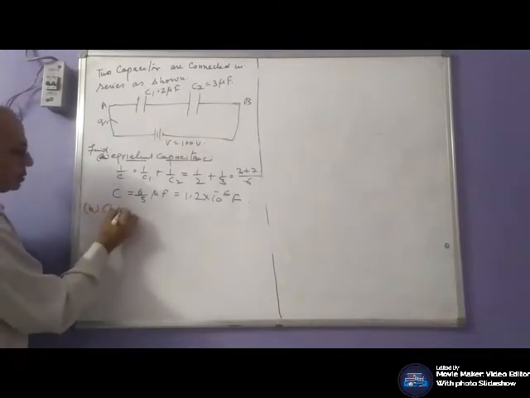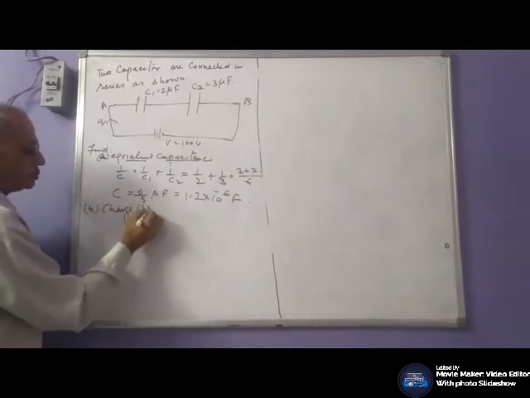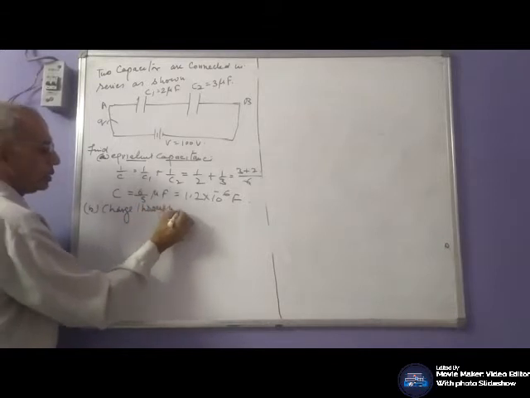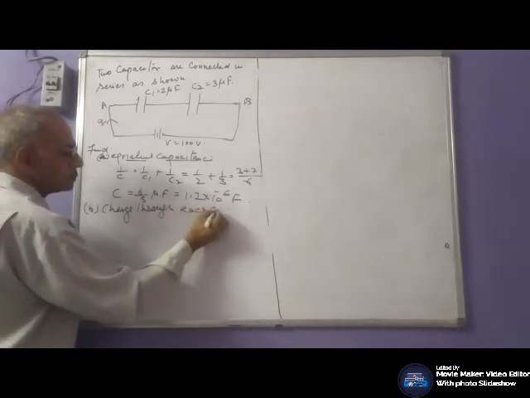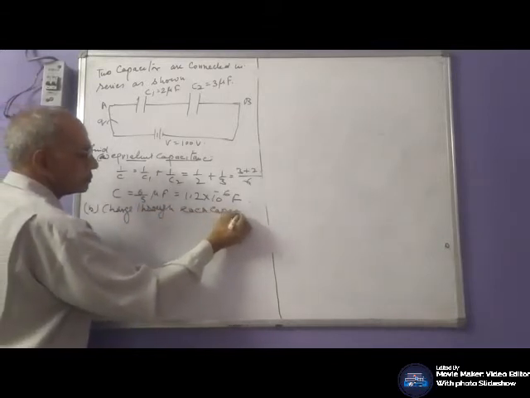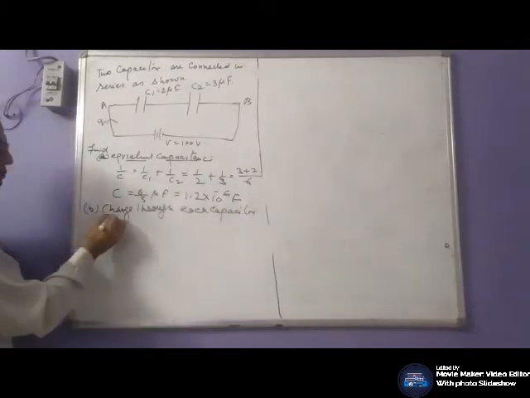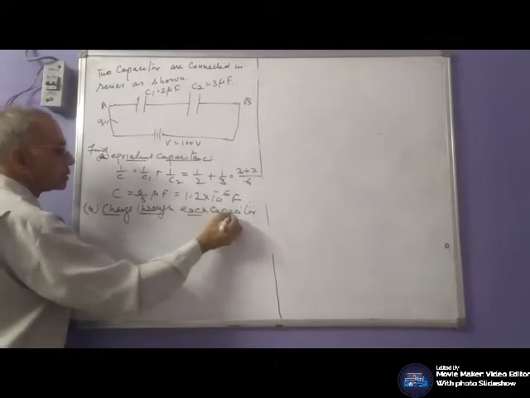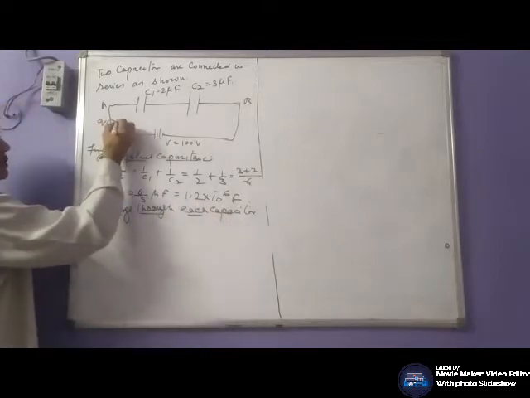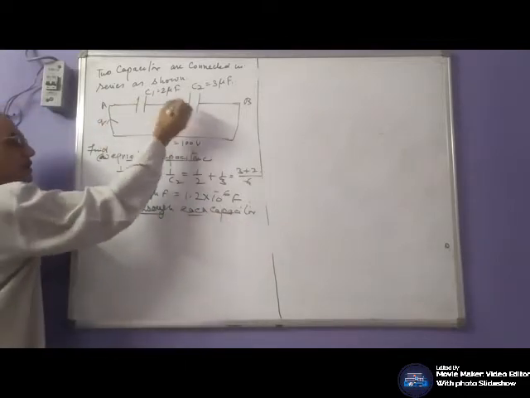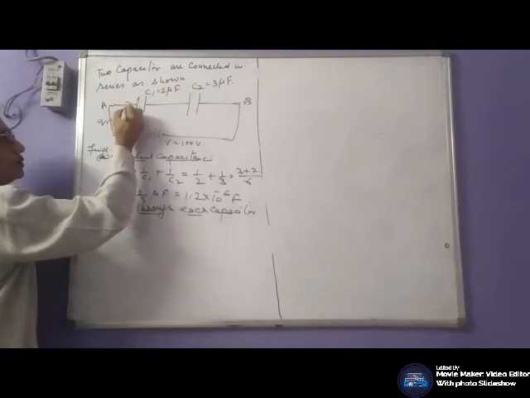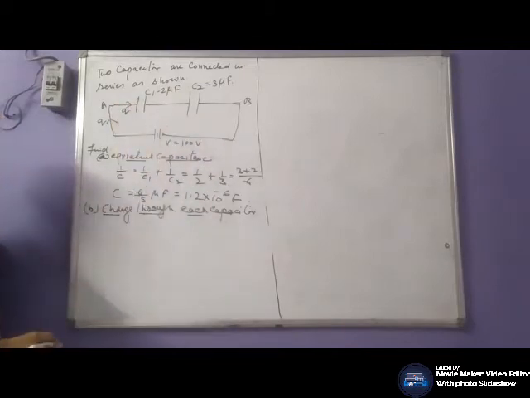B. Charge through each capacitor. This is second question. This charge will flow through the same, single path.